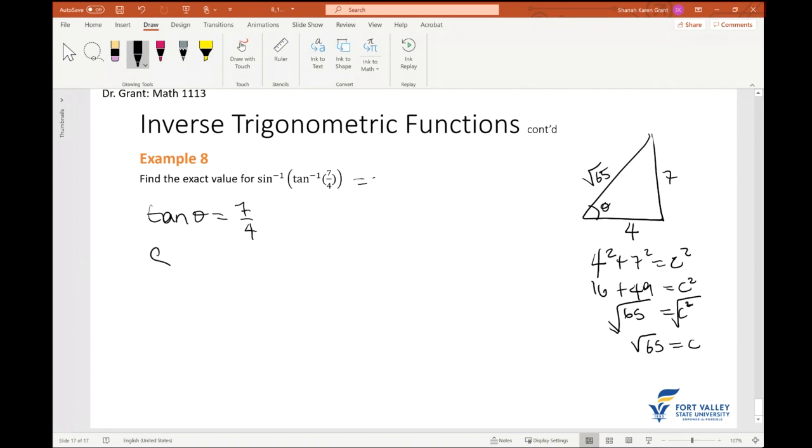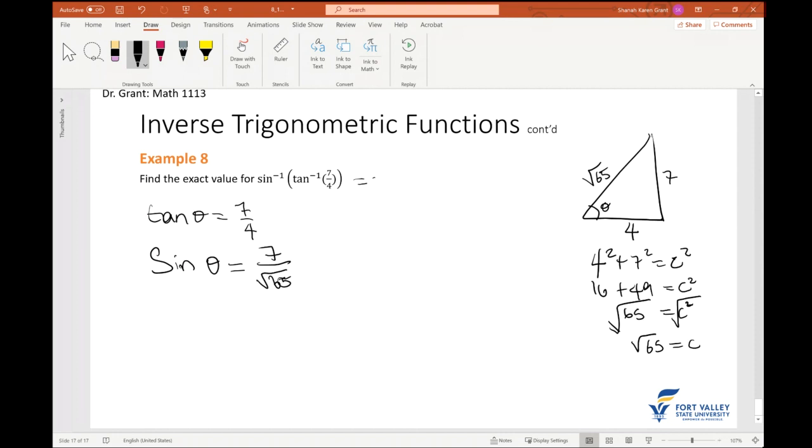If we were to find sine of this angle here, or sine of theta, well, sine of theta is going to be opposite over hypotenuse, right?